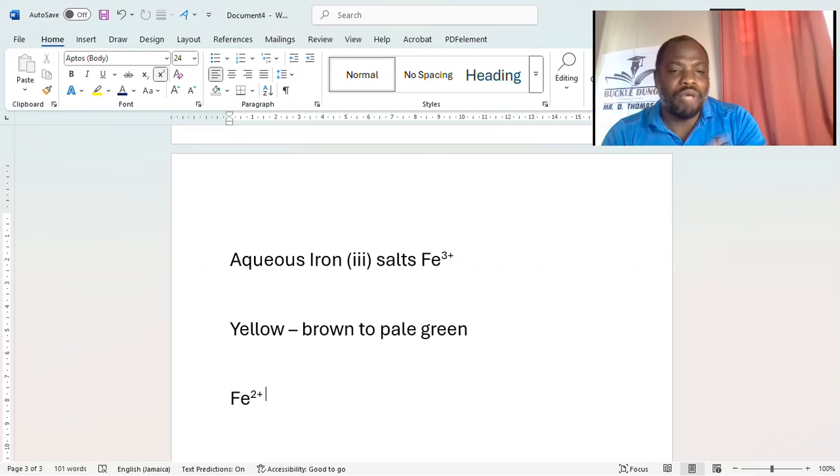That is why we would have seen that appearance come from a yellowish brown to a pale green. Likewise, we know that it is being reduced, and so we have a reduction in the oxidation number. It's moving from a +3 to a +2.